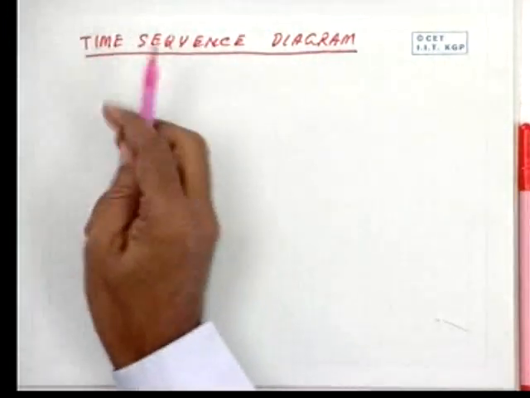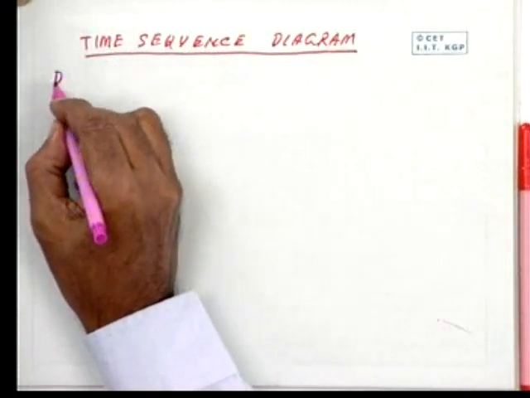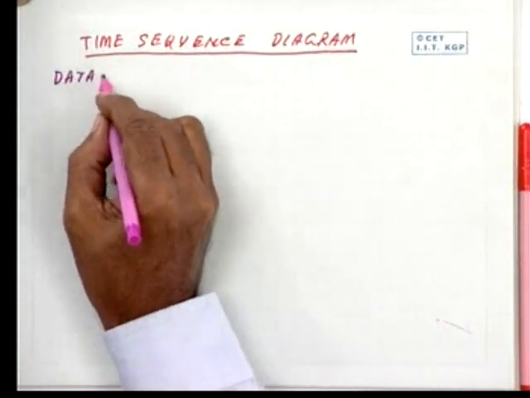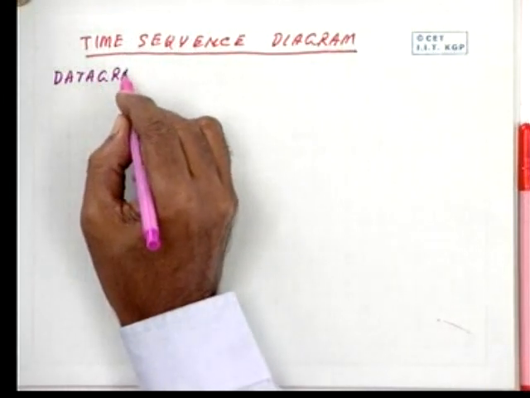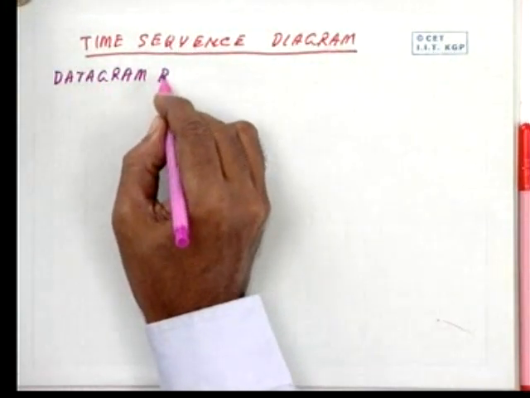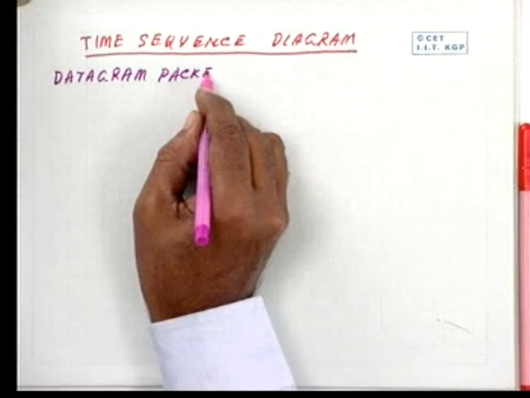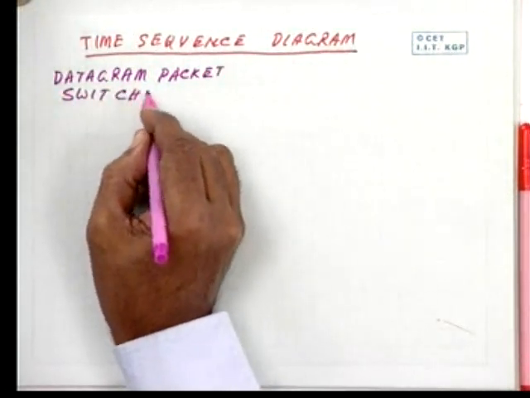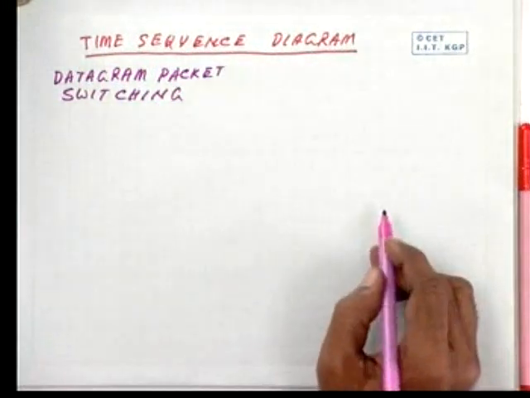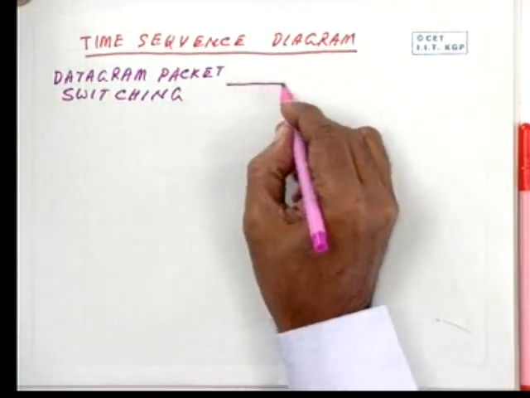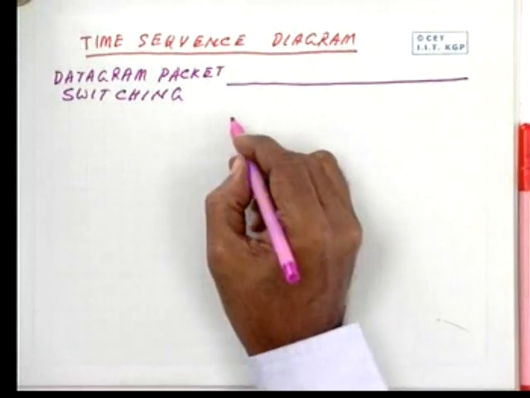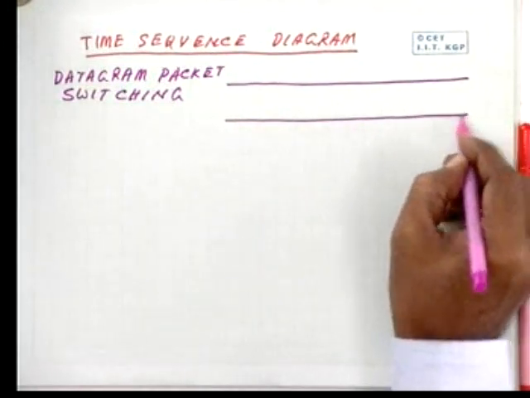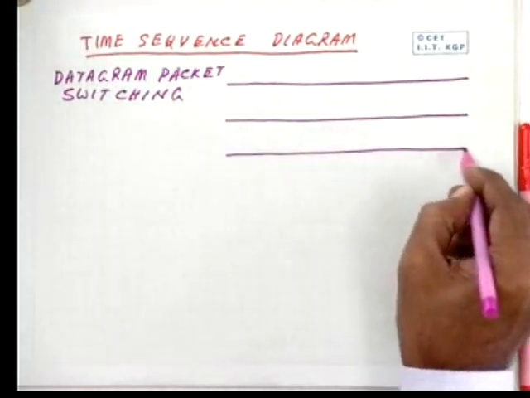The first one is known as datagram packet switching. In this case, let's assume we have, as usual, 4 nodes through which communication is taking place.